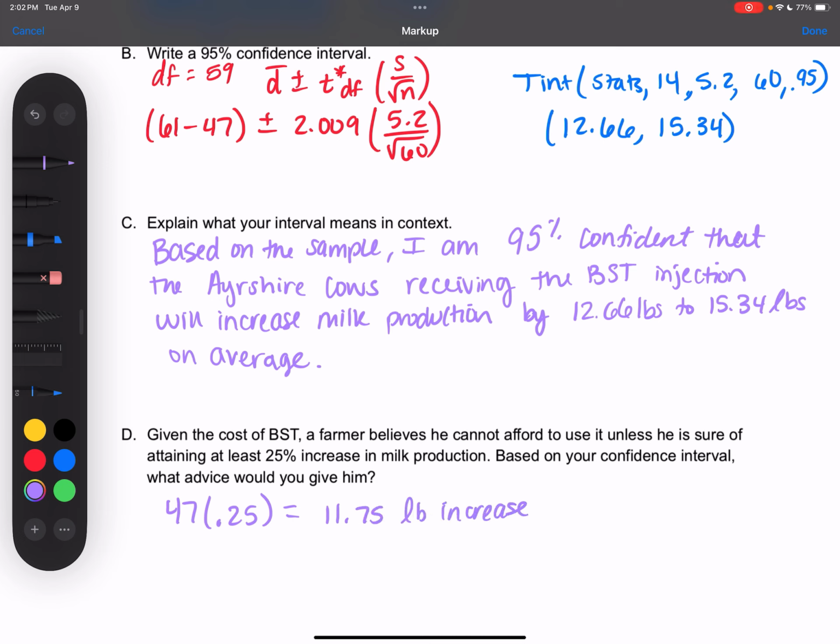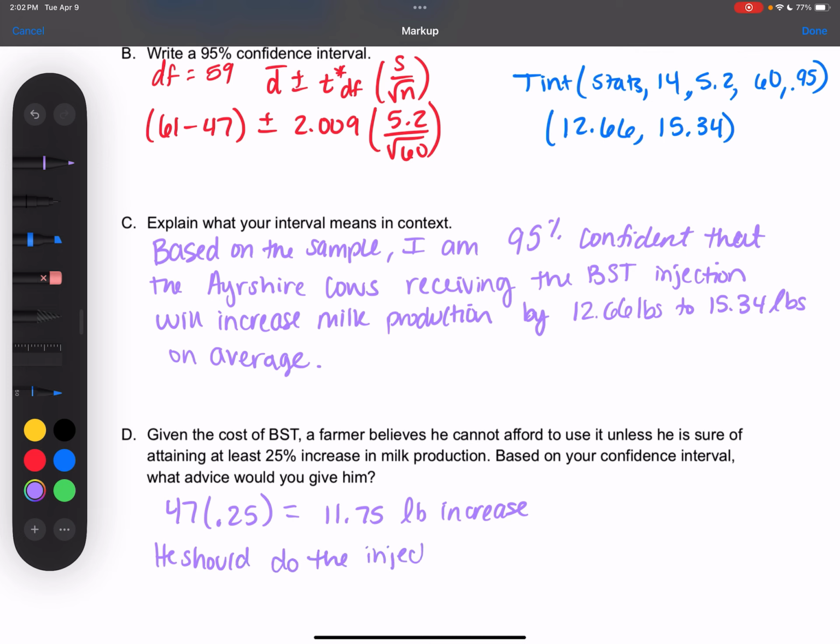So now we found that he wants at least an 11.75 pound increase. Based on our confidence interval, should he purchase this BST or not? You should, because that's below the confidence interval. Yep, he should do the injections.